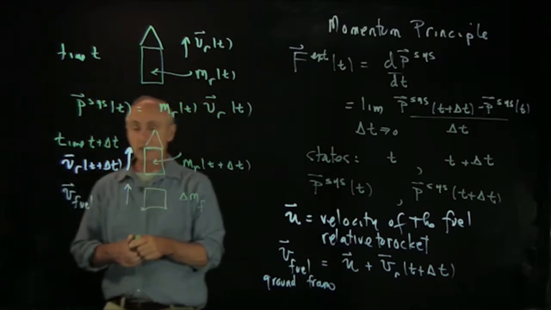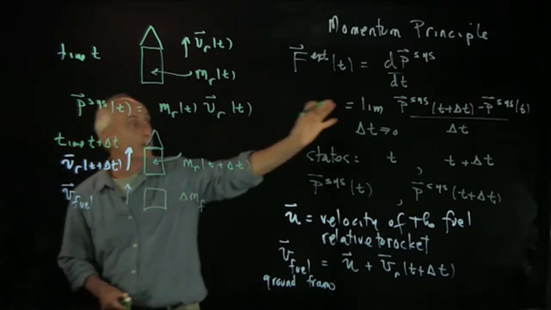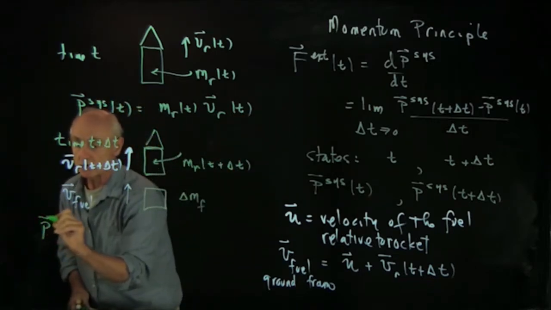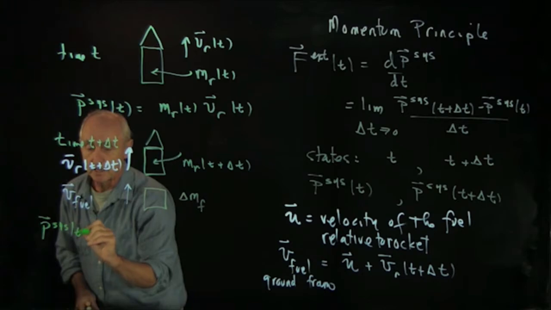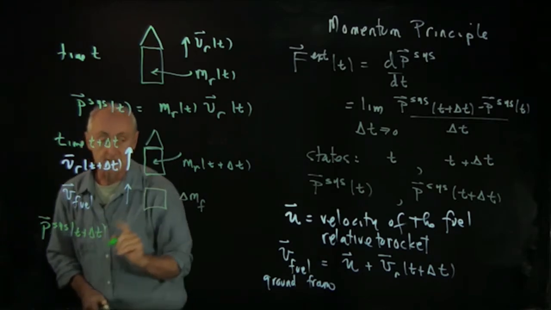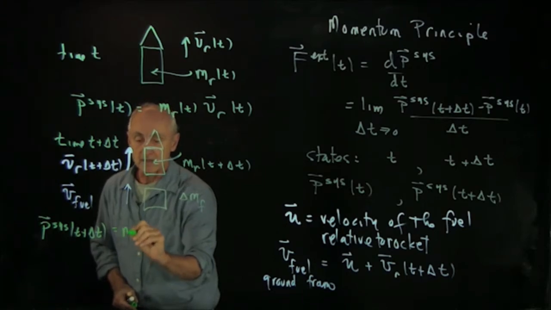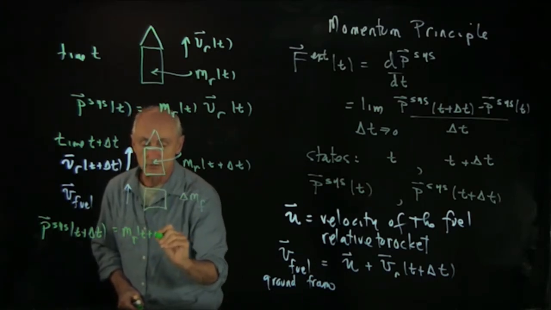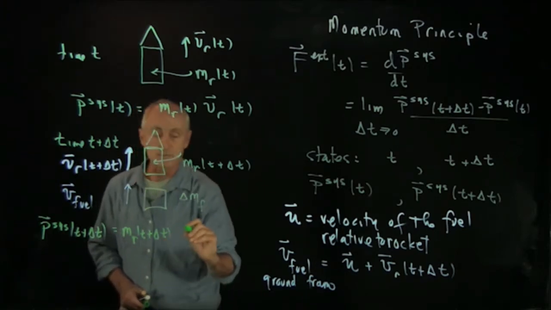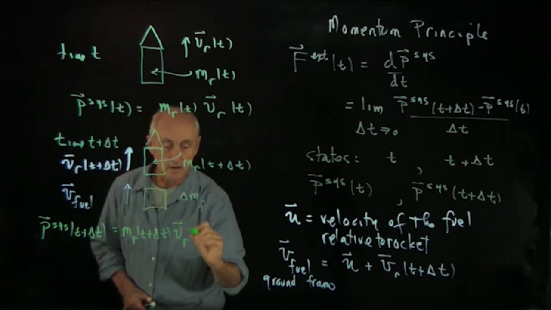And so now we can finish this analysis, and we'll apply that next, is to write the momentum of the system at time t plus delta t. Now this is going to have two terms. It has the mass of the rocket at time t plus delta t times the velocity of the rocket.